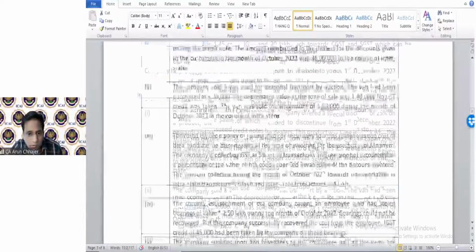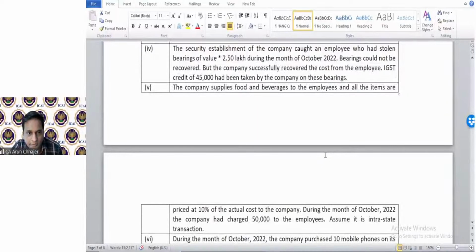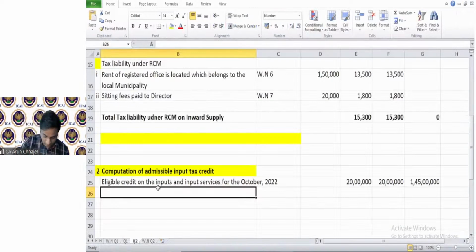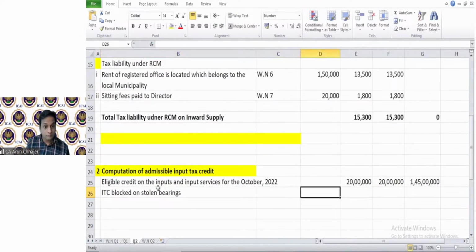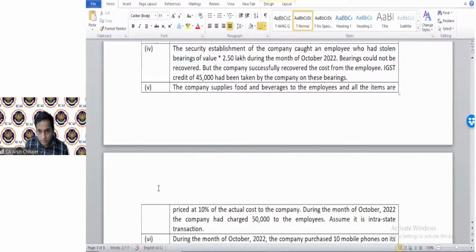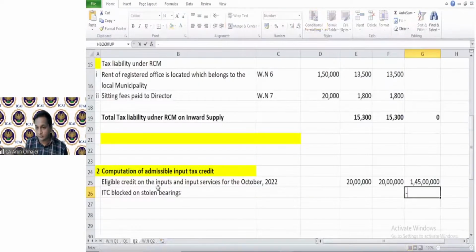the first point that we have discussed, the security establishment of the company, stolen bearing. ITC blocked on stolen bearing. What was the amount? IGST 45,000.